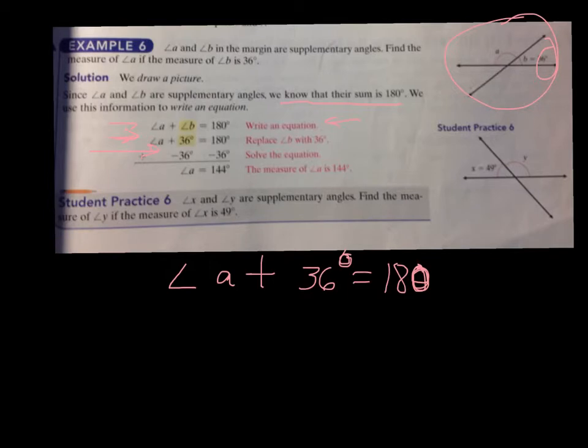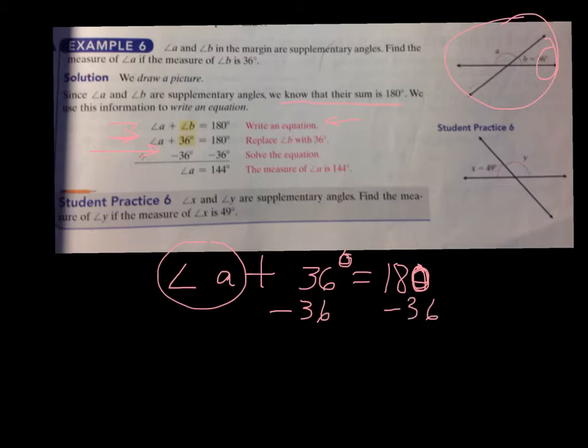So remember, just like on your homework, your goal is to get this angle by itself on one side of the equal sign and the numbers on the other side. Well, here I have a plus 36 degrees, so I want to make it equal to 0. So what do we do? We add a negative 36. In other words, subtract 36.